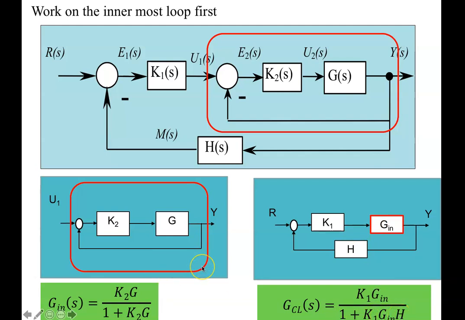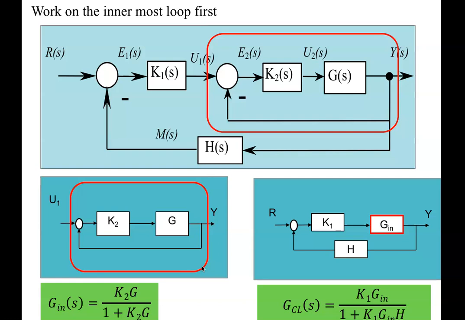So do this in 2 steps. For every step we apply the same approach as we said before. In the numerator, you identify what is in the feed forward path and multiply all the transfer functions together.